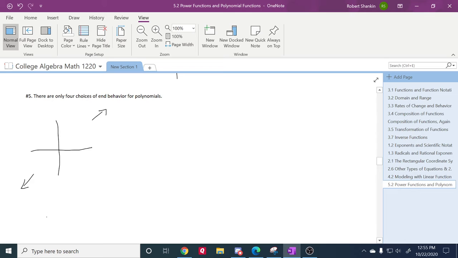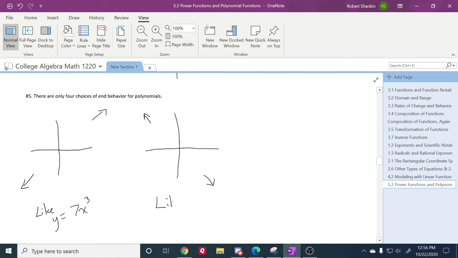This would be something like y equals 7x cubed. Another one would be just the same, but opposite. To the left up and to the right down.